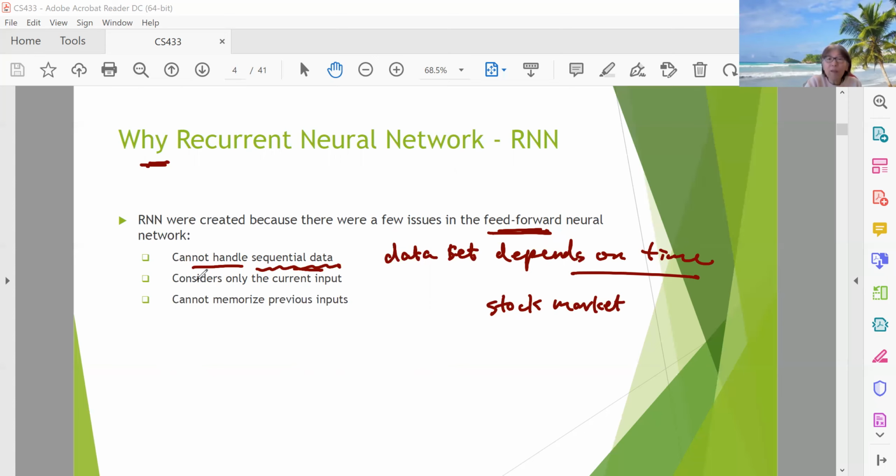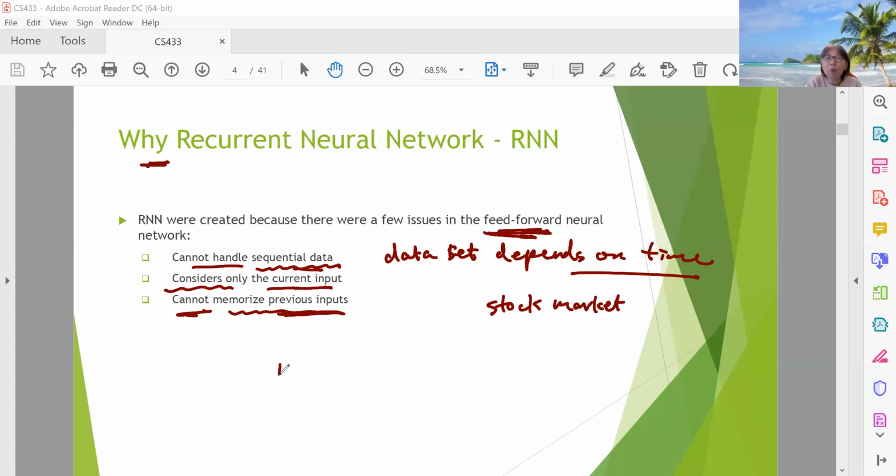Also, feed forward only considers the current input. It ignores the previous timestep's input, and it cannot memorize previous input.